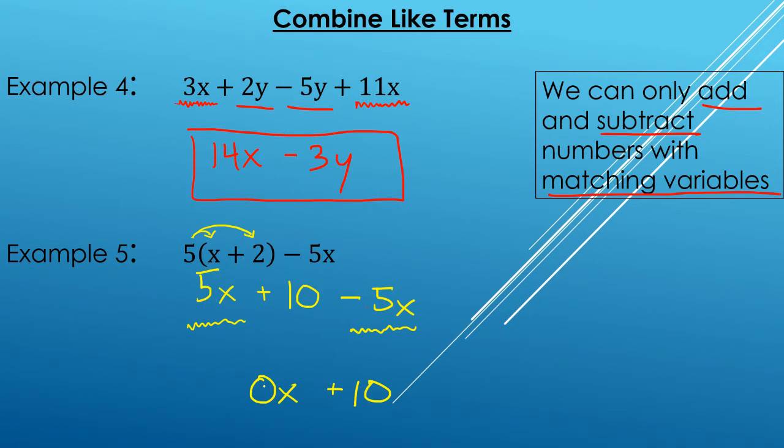Now, because it's a 0 and not any other number, remember 0 times anything is just 0. So this whole thing goes away, and our actual final answer is just good old 10. So again, we started with a complicated looking expression up here, and we simplified it to a smaller version.